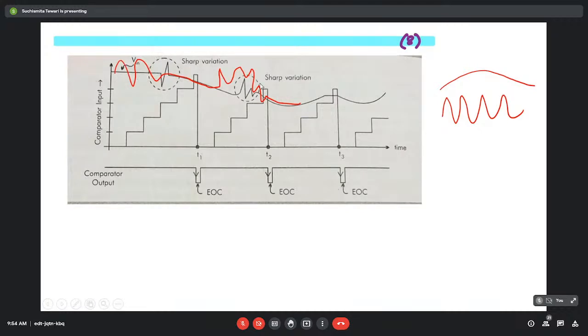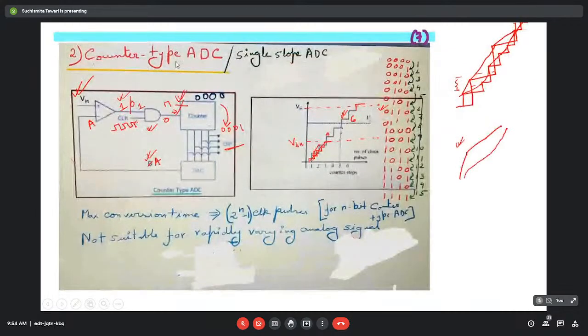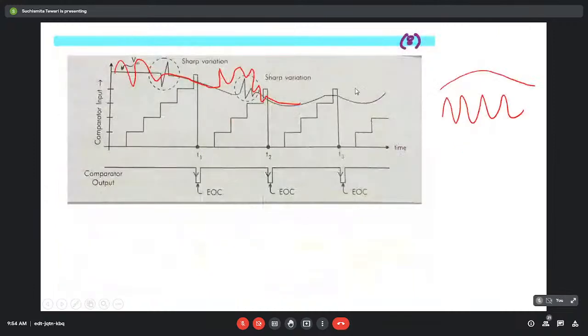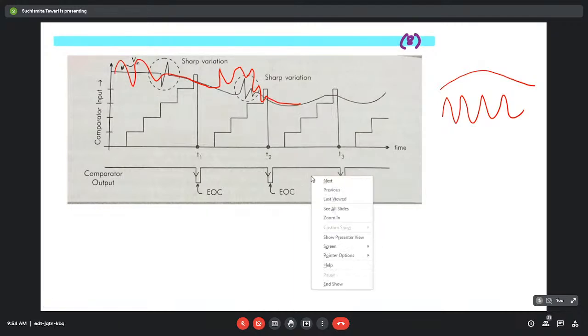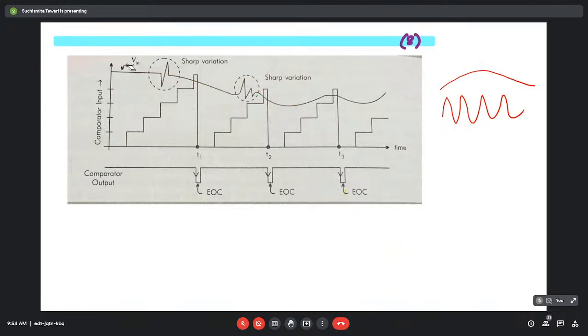So a large portion of the analog signal is getting left out. So this is another problem. We cannot very accurately detect the analog signal if we simply use this counter type ADC. So we need some kind of modification in order to detect this particular variation.